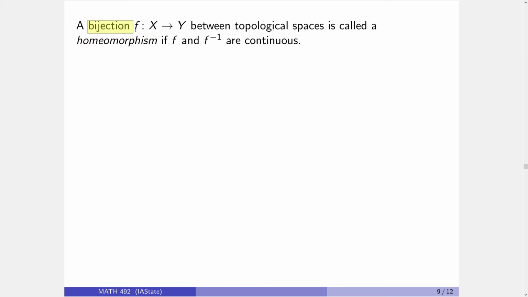So note it's a bijection, meaning that X and Y have the same number of elements in cardinality, right? Everything in X can be uniquely put into a one-to-one correspondence with everything in Y. And it's a homeomorphism, so f is continuous and f inverse is continuous. So two topological spaces are identical if you can find a homeomorphism between them.